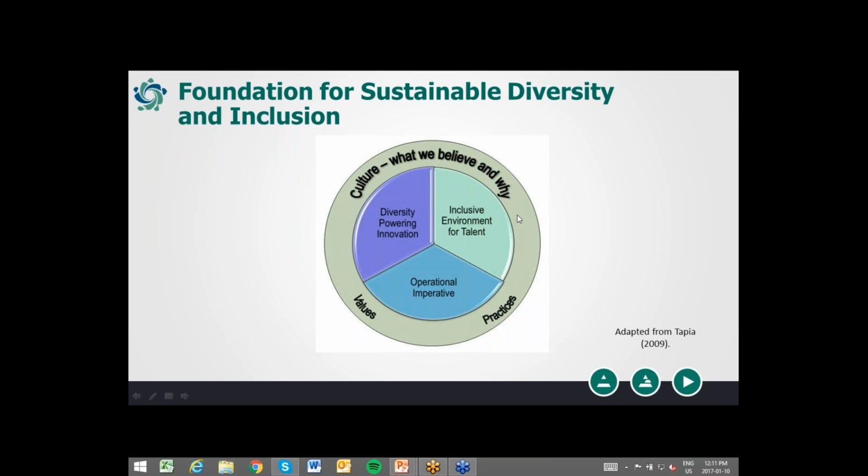And for my particular client, as an example, and maybe the same for you in the room, you may need homegrown solutions that are specific to your organization, and this is a way to do it. In terms of inclusive environment for talent, and you've heard this word in terms of employer of choice, but it's being strategic about it. So being strategic in terms of branding yourself as an employer of choice as it relates to a diverse and inclusive environment.